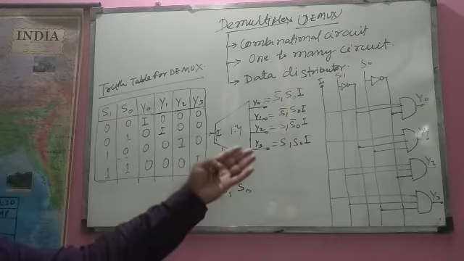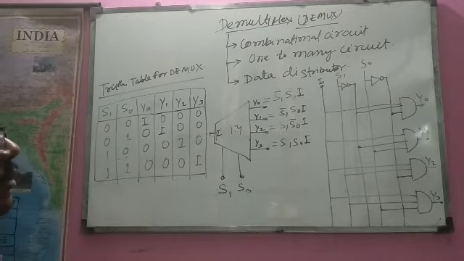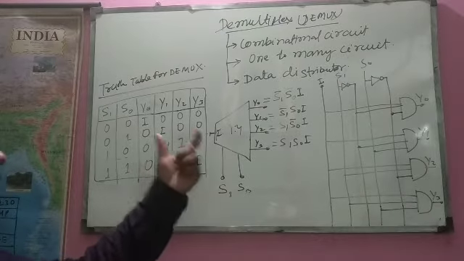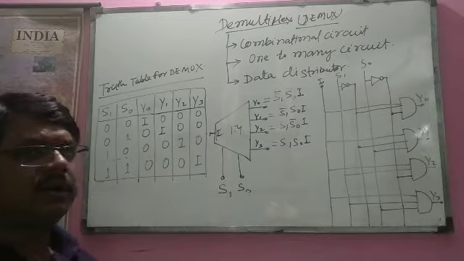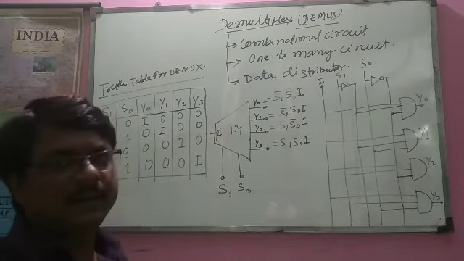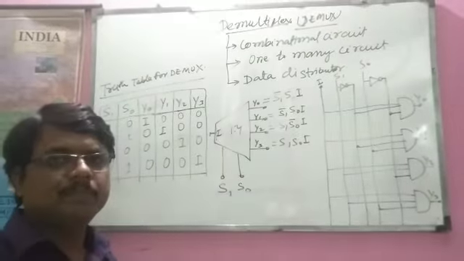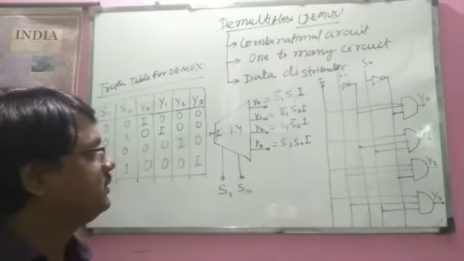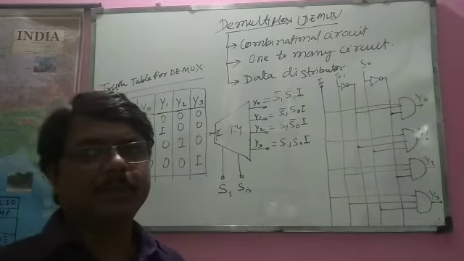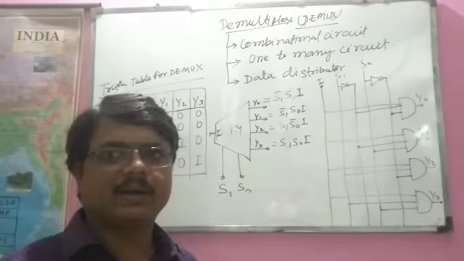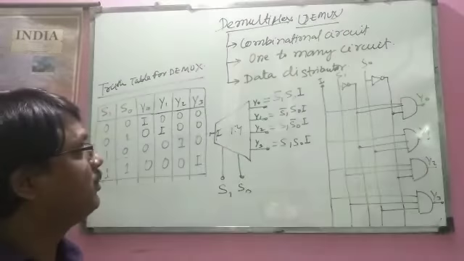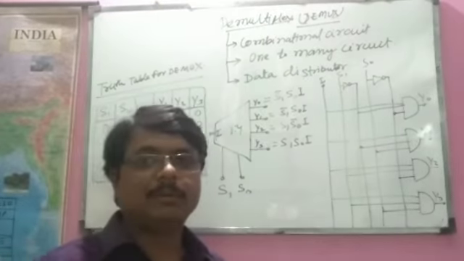So see, this is the very simple expression. This demultiplexer circuit contains only AND gates. So circuit implementation like adder, subtractor or any other things is not possible with the help of demultiplexer.